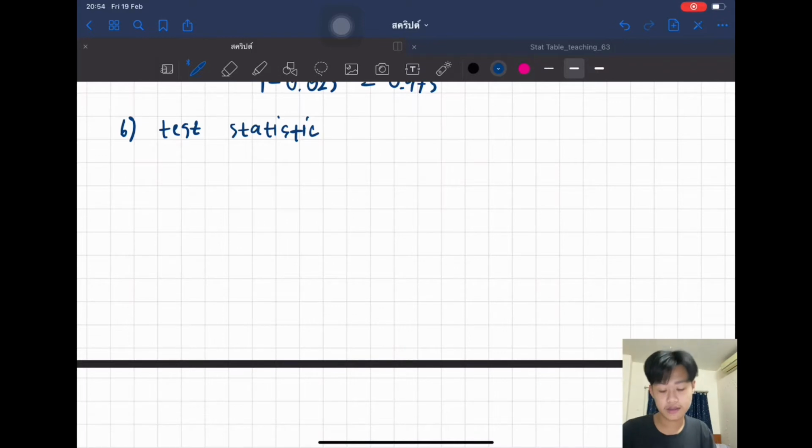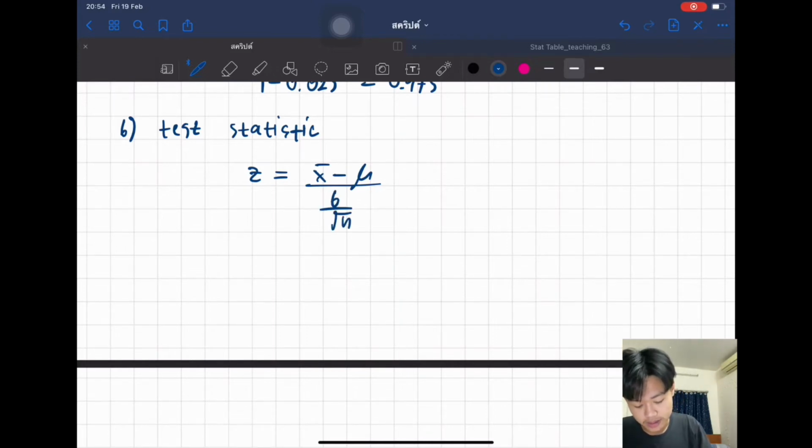Test statistic. Z equal x bar minus mu divided by the population standard deviation divided by square root n, equal 37 minus 30 divided by 4.47 divided by square root 10.